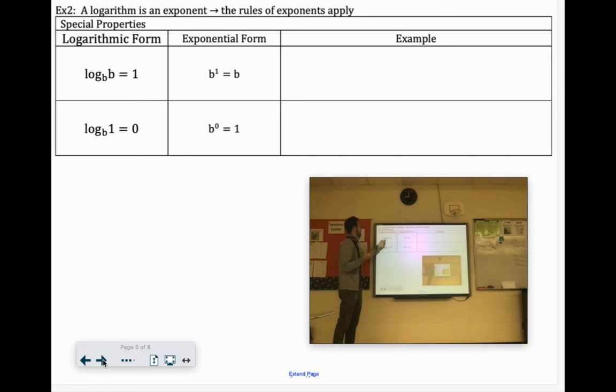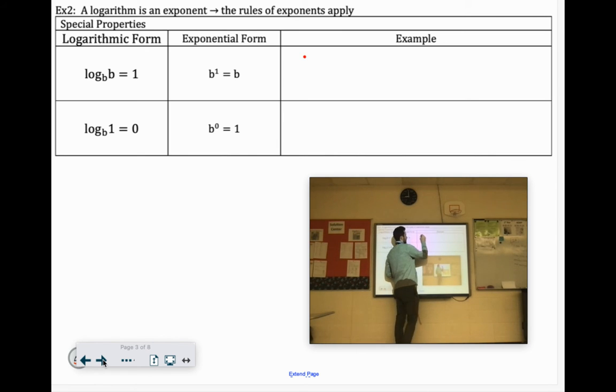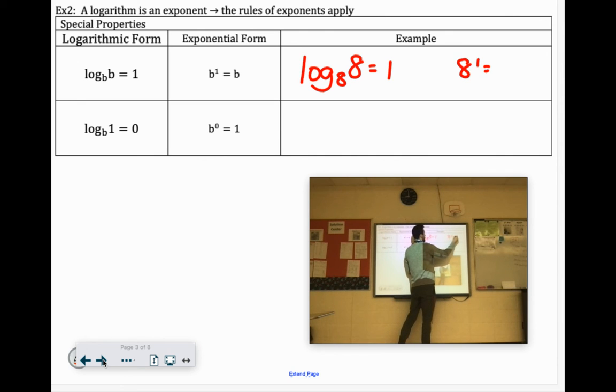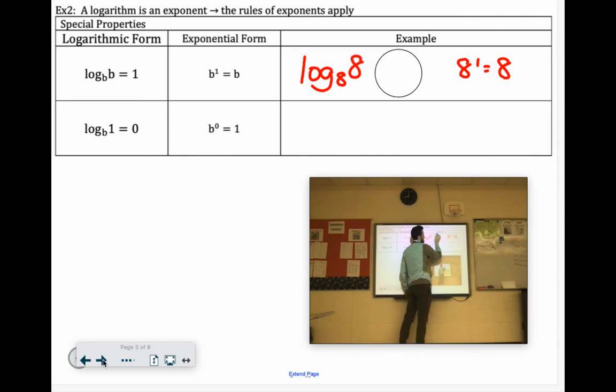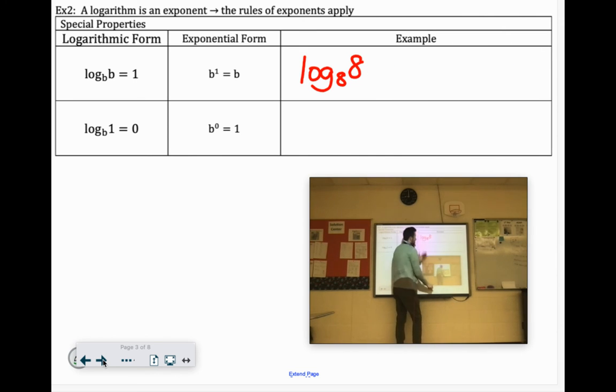So if you have log base b of b, if it's the same number there, it's always going to equal 1. So if we have log base 8 of 8, it's going to equal 1 because 8 to the first power equals 8. So if you ever had to evaluate it and it just said log 8 of 8, it's the same number, so you know it would equal 1.